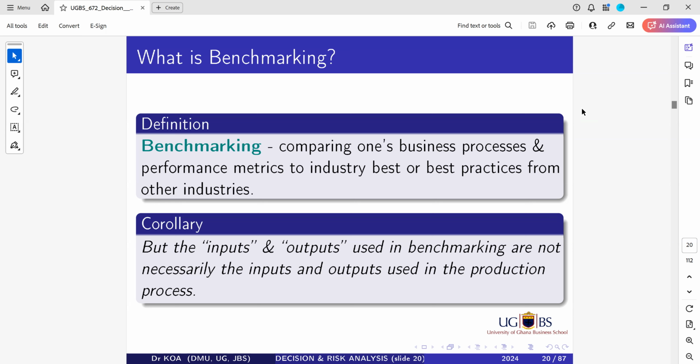It would drive the average towards itself. So it's very important to know, when you are selecting the inputs and outputs, they are not necessarily the inputs and outputs used in the production process. The ones in a benchmarking exercise are not the same as in this one here.